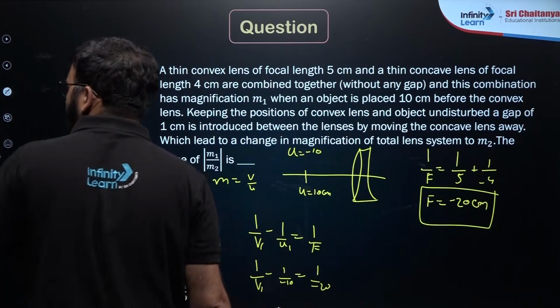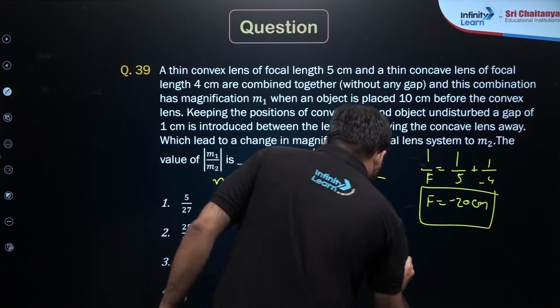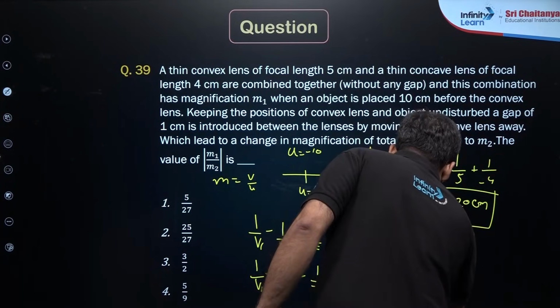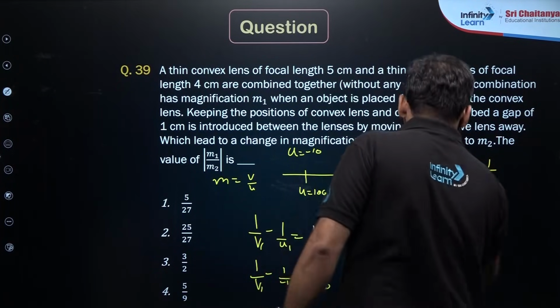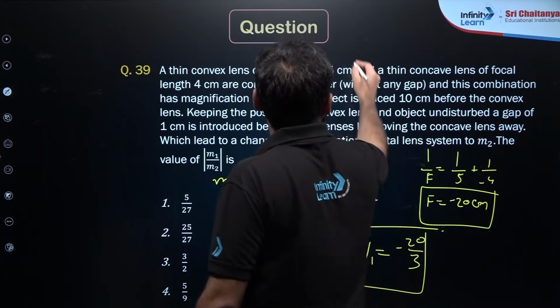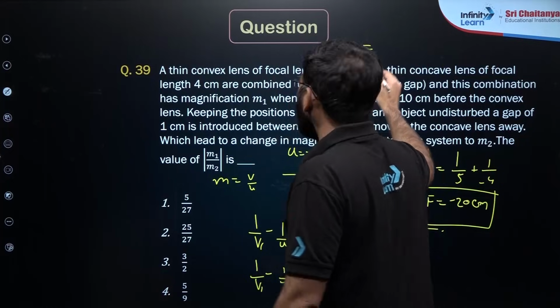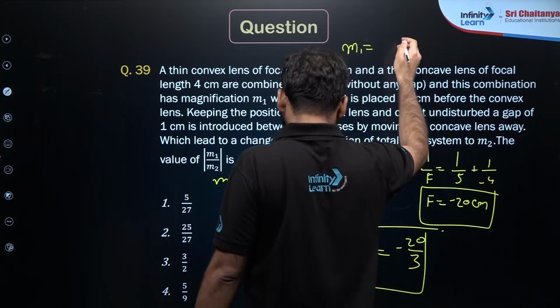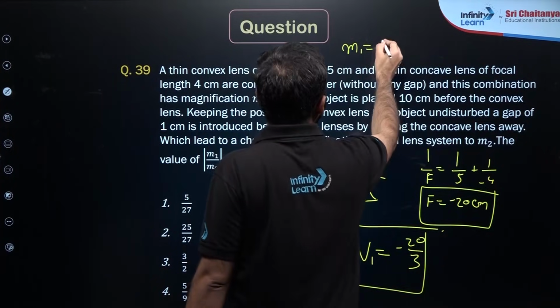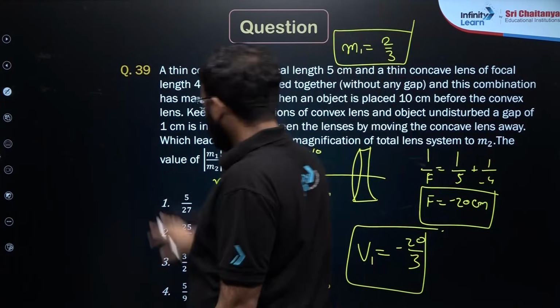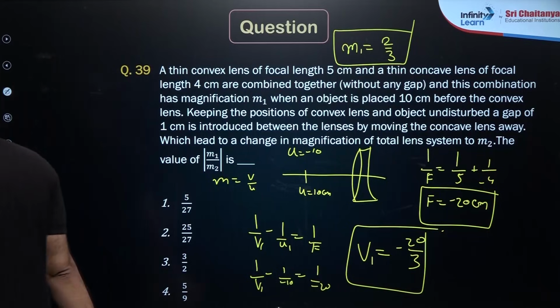So easily you can get V1 equals to minus 20 by 3. So what is my first magnification? M1 equals to V upon U, that is minus 20 by 3 into 10, so 2 by 3. Okay, so the second condition I will solve here.